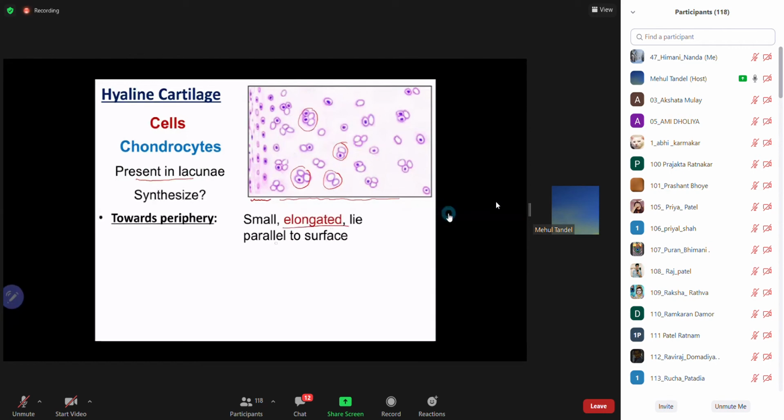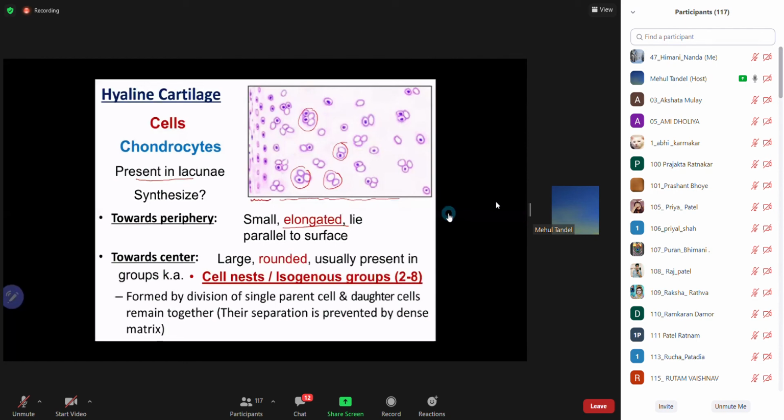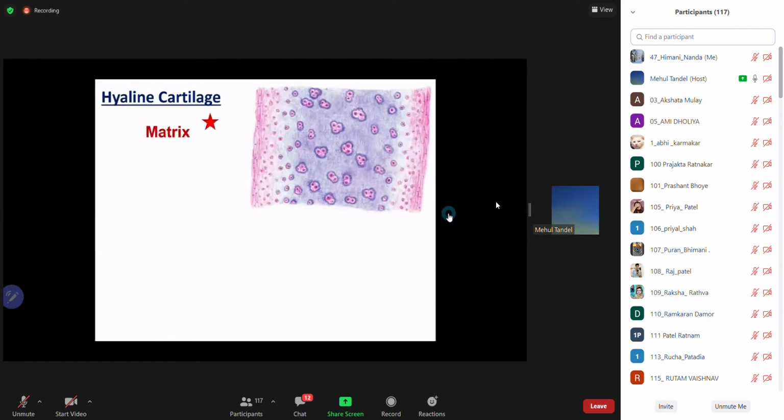Towards the periphery, cells are small, elongated and parallel to the surface, and towards the center, they are large, rounded, and present in groups known as cell nests or isogenous groups. We know how these cell nests are formed. These are the arrangement of cells.